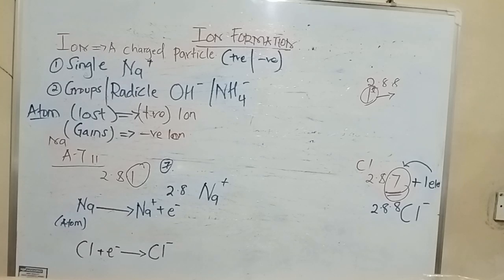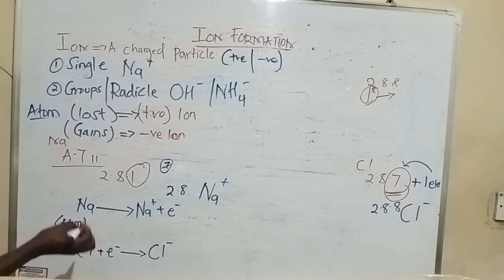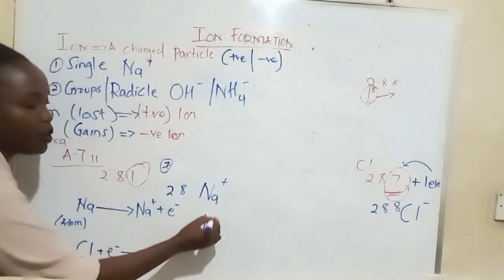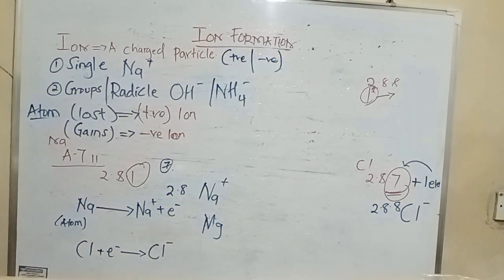Assuming now you have an element that is going to gain or lose 2 electrons to attain stability, how are you supposed to write it? We are going to talk about an element called magnesium. Magnesium is going to lose 2 electrons to be stable.